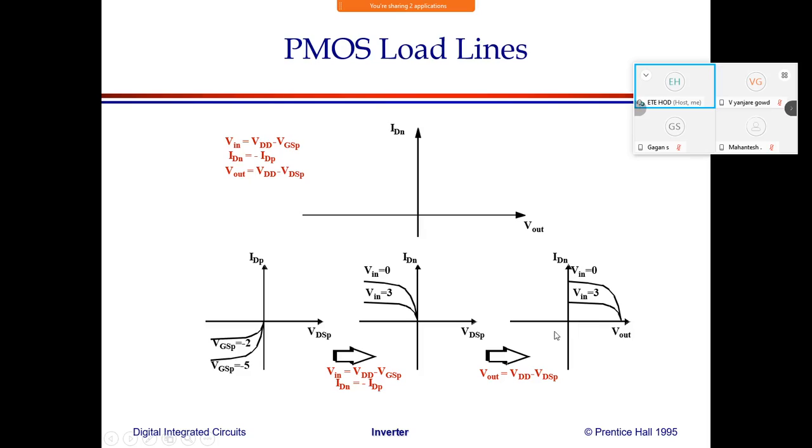You can see they are not in terms of VGSPs and VDSPs, they are in terms of Vin and Vout, because I want to write the transfer characteristics. This has flipped because ID of N is equal to negative of ID of P, and this has moved here because I want to represent Vout in terms of VDSP. Done?